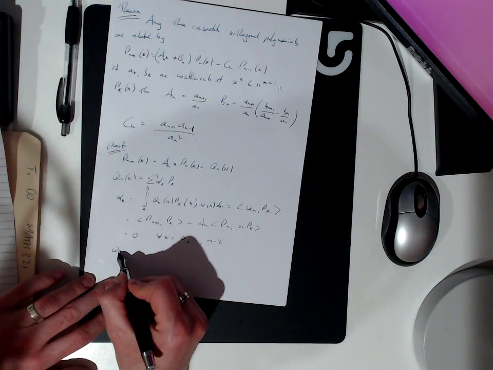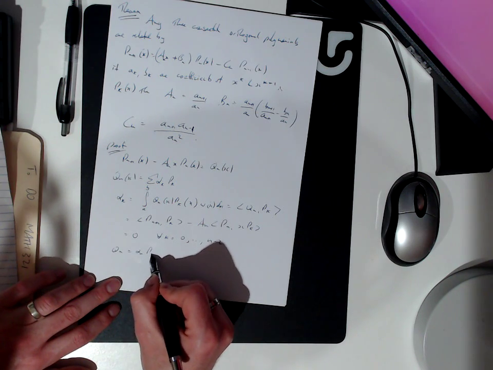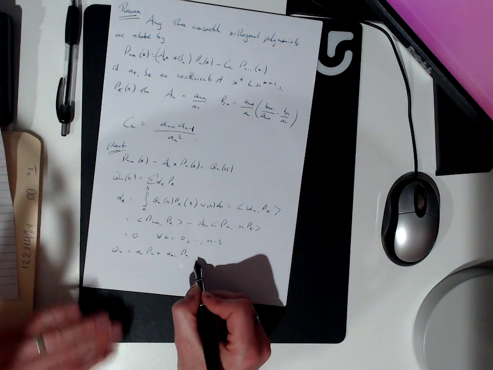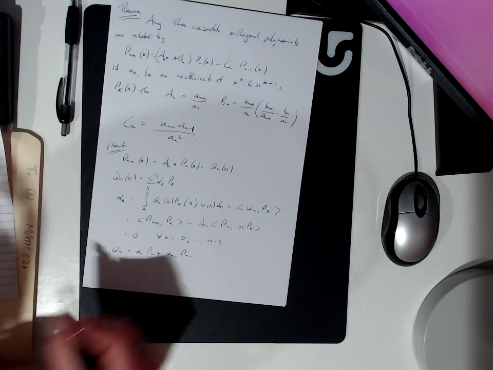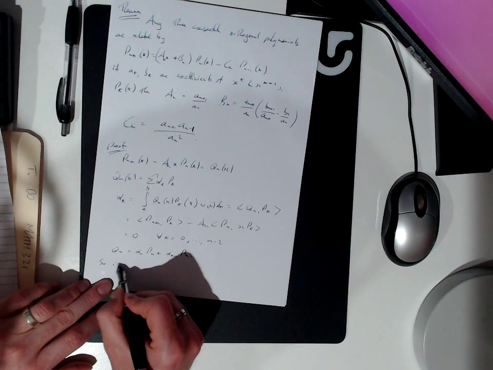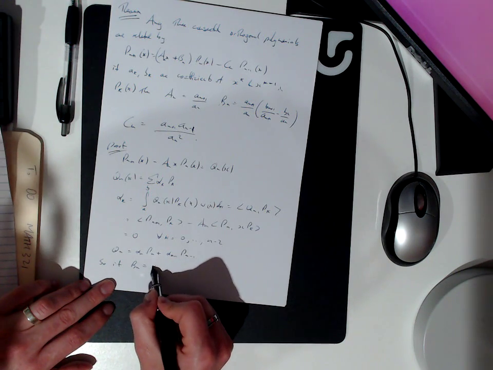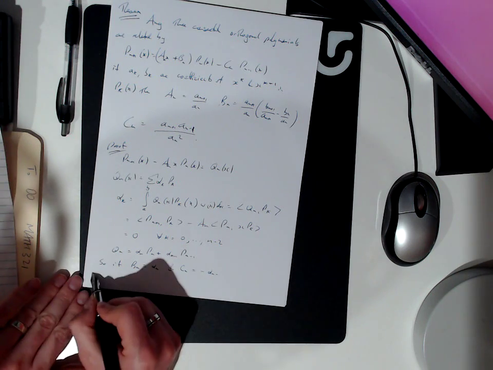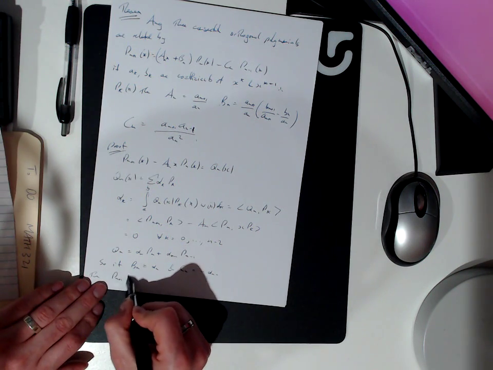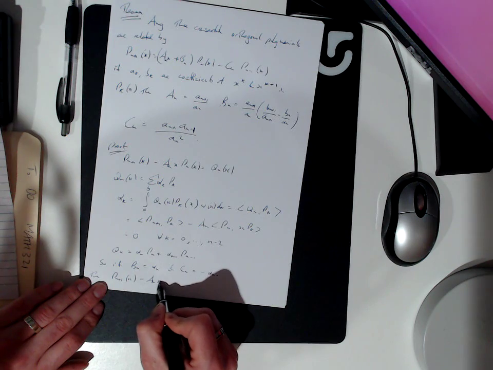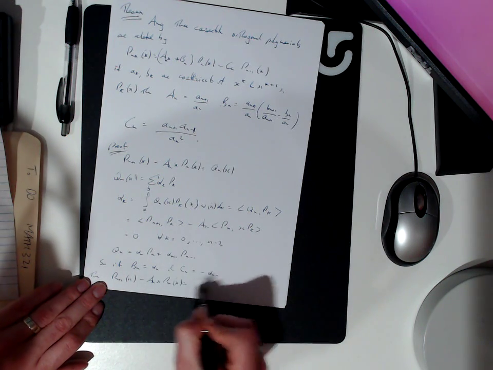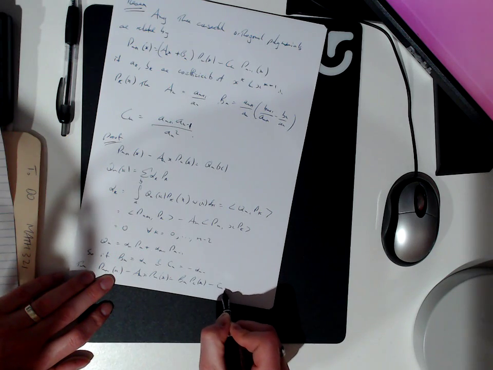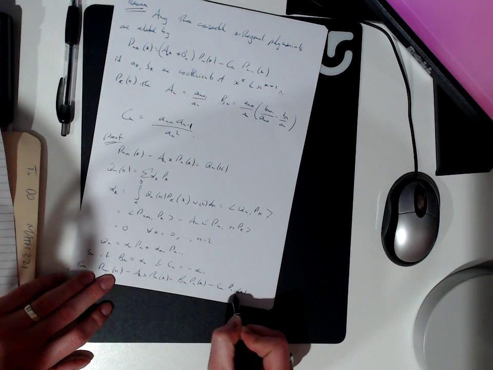And of course that really means that Q_n is equal to alpha_n P_n plus alpha_(n-1) P_(n-1). So if B_n equals alpha_n and C_n equals minus alpha_(n-1), then we have P(n+1)(x) minus a_n x P_n(x) is equal to B_n P_n(x) minus C_n P(n-1)(x).